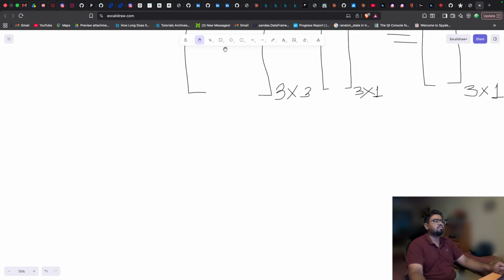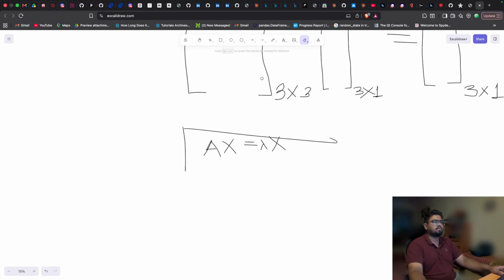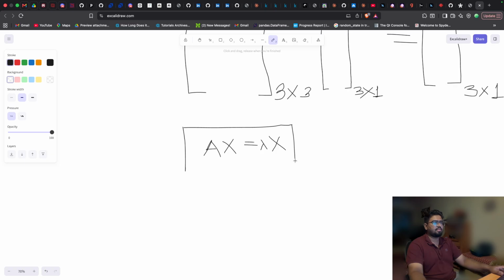So, for example, I have something like this: Ax equals lambda x. This is an equation that I have. I draw a lot of figures inside this, but I'm not used to writing inside this with a pencil. This is one of the most beautiful equations.